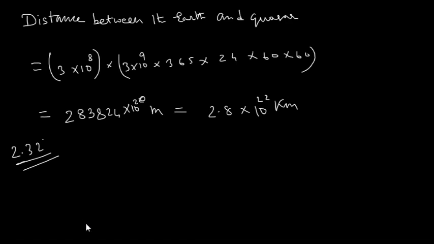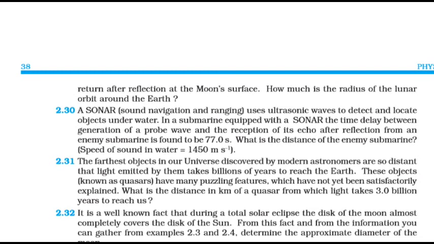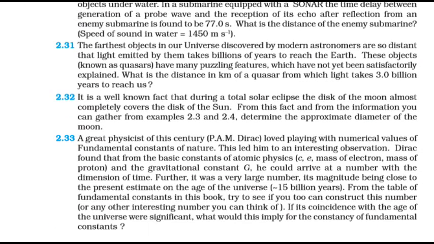2.32. Now let us see the sum. It is a well known fact that during the total solar eclipse, the disk of the moon almost completely covers the disk of the sun.